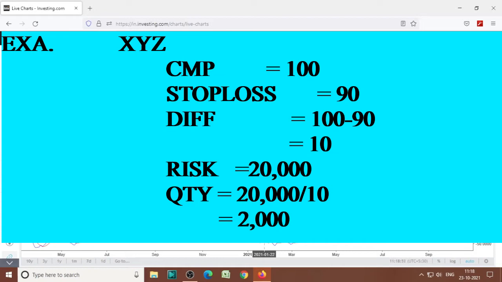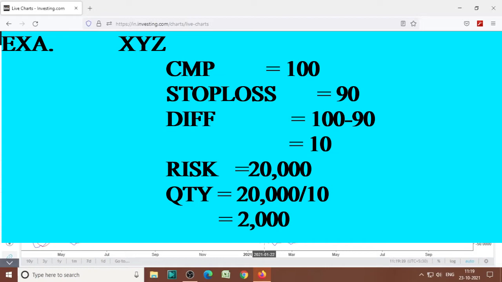The difference between our entry price and stop loss price is 10 rupees. Our risk is 20,000 rupees, and the difference between entry price and stop loss price is 10.